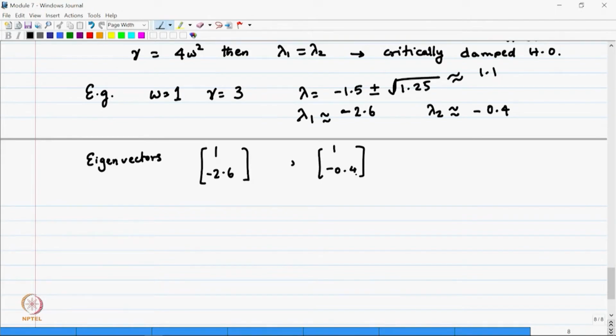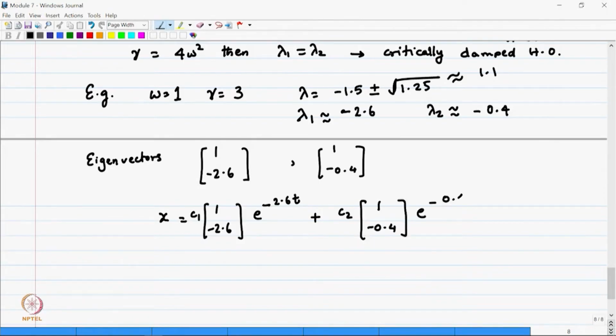So, in this case, your solution has the form x equal to C1 [1, minus 2.6] e to the minus 2.6 t plus C2 [1, minus 0.4] e to the minus 0.4 t. So, that is what your solution looks like.